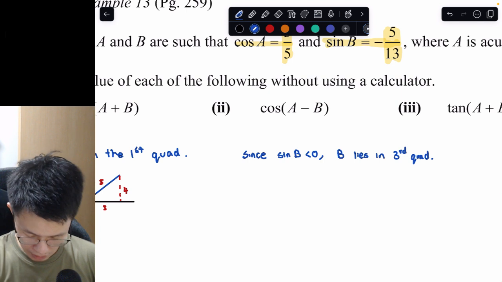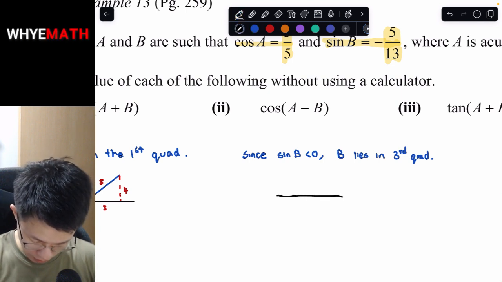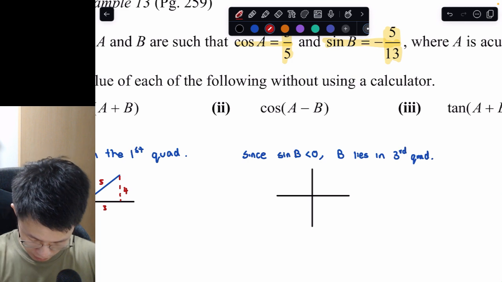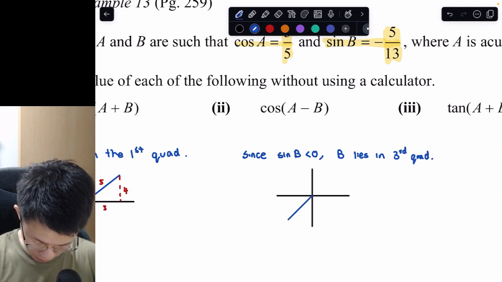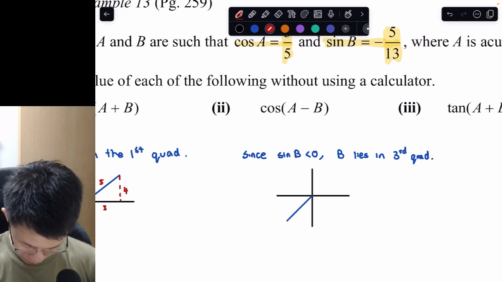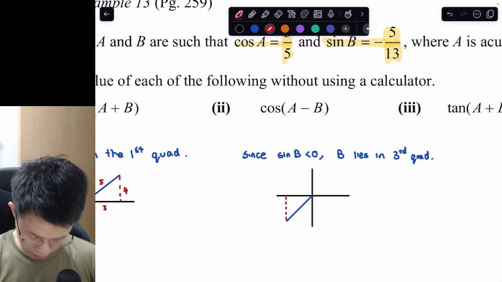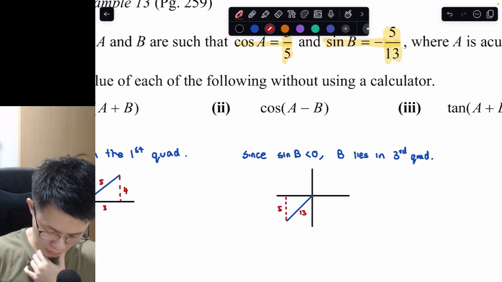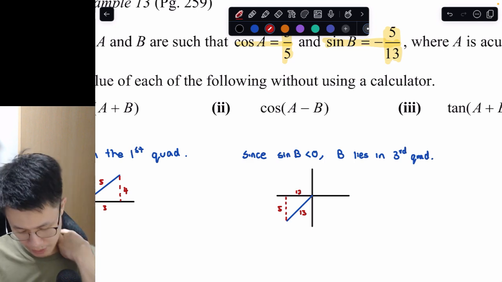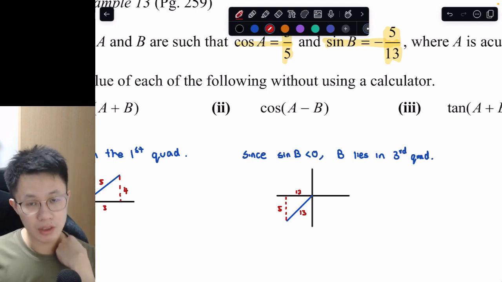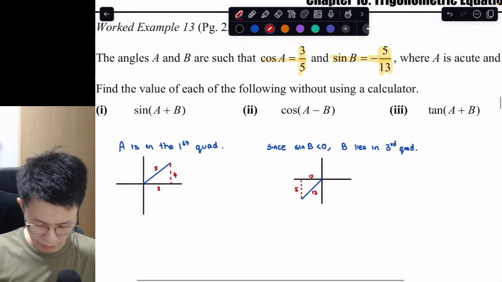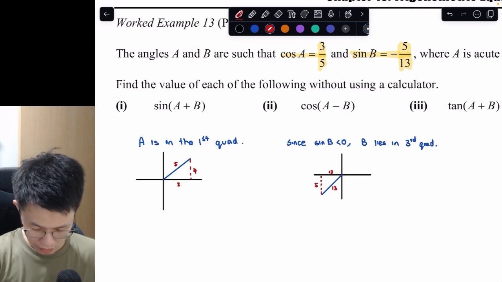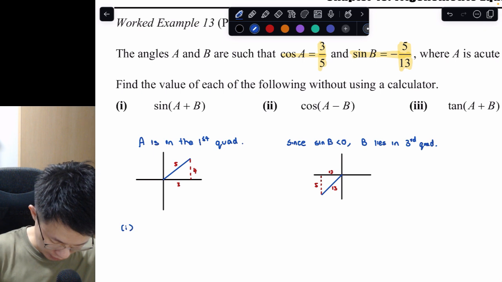Since it lies in the third quad, we can also deduce where B is, so we have the right angle. And we can also deduce here that the adjacent at B will be 12. To be able to do this, you need to have very good fundamentals of trigonometry and deducing angles. So from here, we can actually deduce all the rest already.